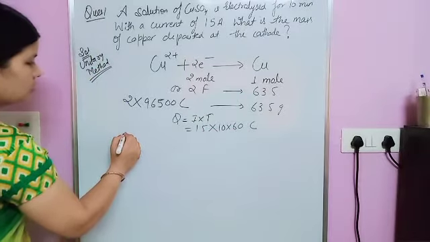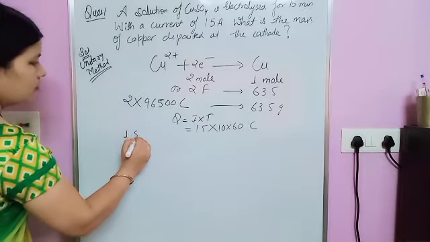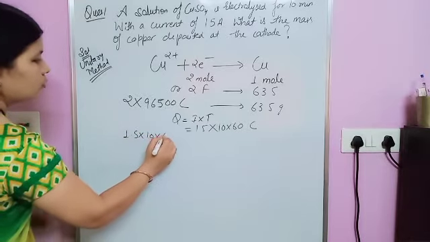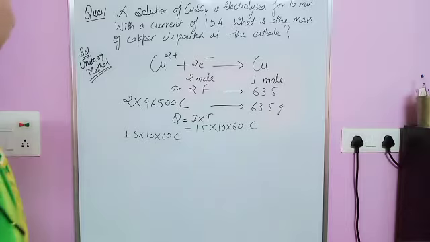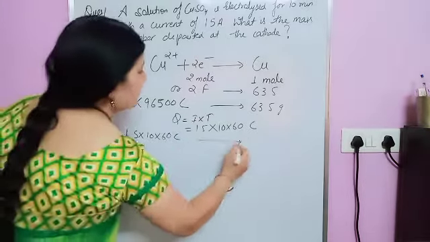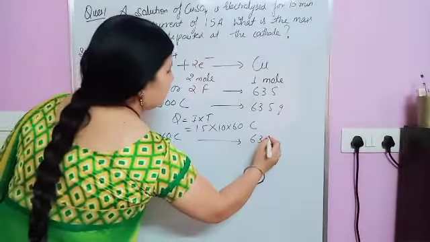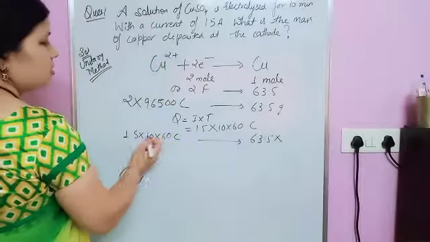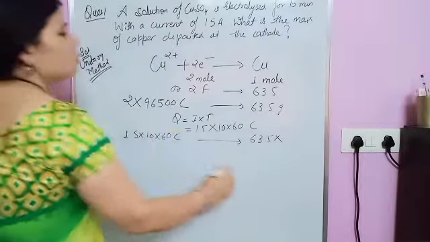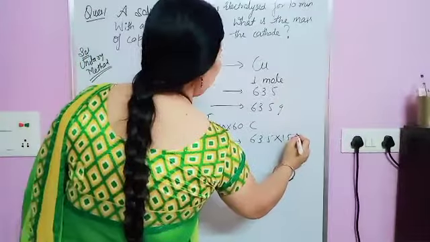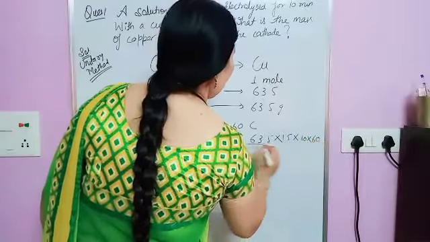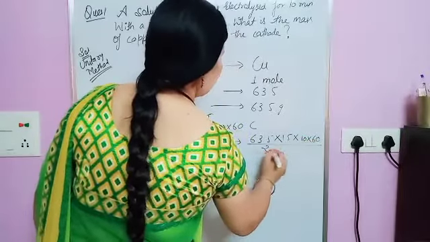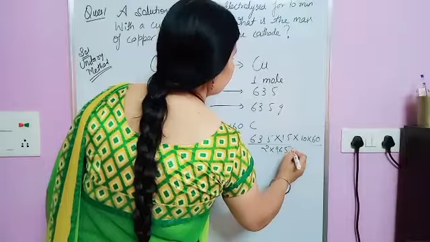So that is 1.5 into 10 into 60 coulomb. How much copper is there? That is 63.5. This value goes up and this value goes down. So this is 1.5 into 10 into 60 upon 2 into 96500.